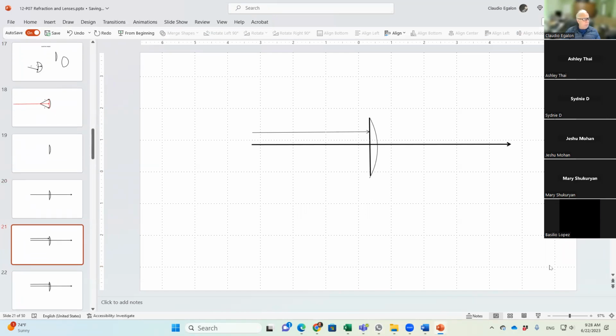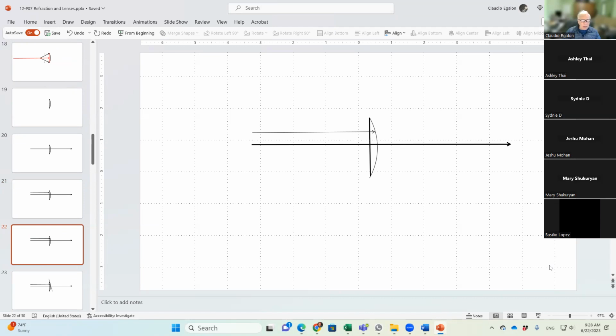But before we go to actually image formation, I'm going to give you a qualitative idea of how light refracts through the lens, okay? So if we have a light ray that's incident, parallel to the axis of the lens, to the main axis of the lens, it's not going to refract through the first surface, okay?